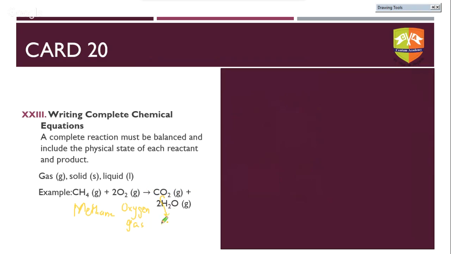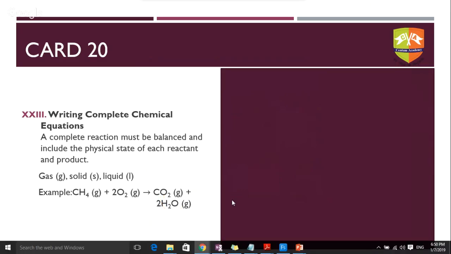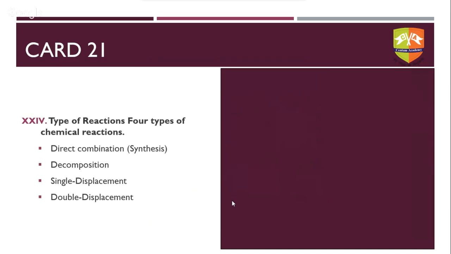This can be written as carbon dioxide gas, and you'll have water. Now, please note it is water in the gaseous form, so it's a good idea to write it as steam. Okay, steam, right? So all of this is important to mention on the chemical reactions wherever necessary. Good. So now let's go to the next part of this chapter.